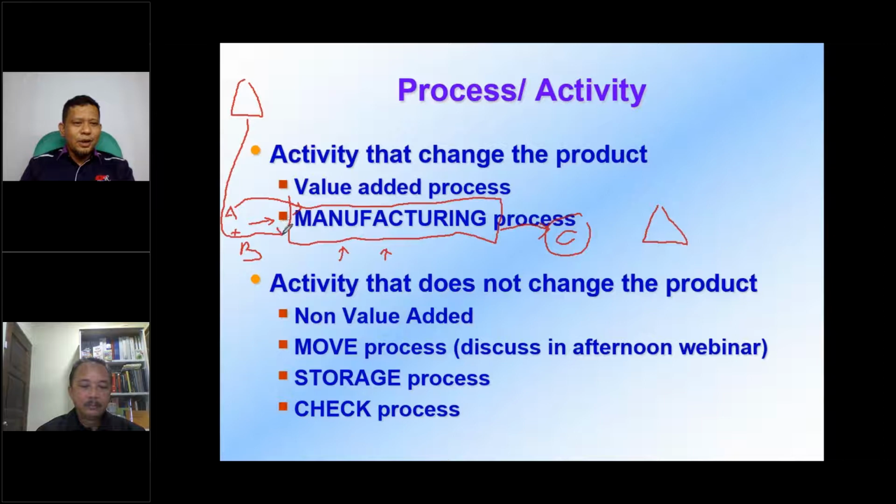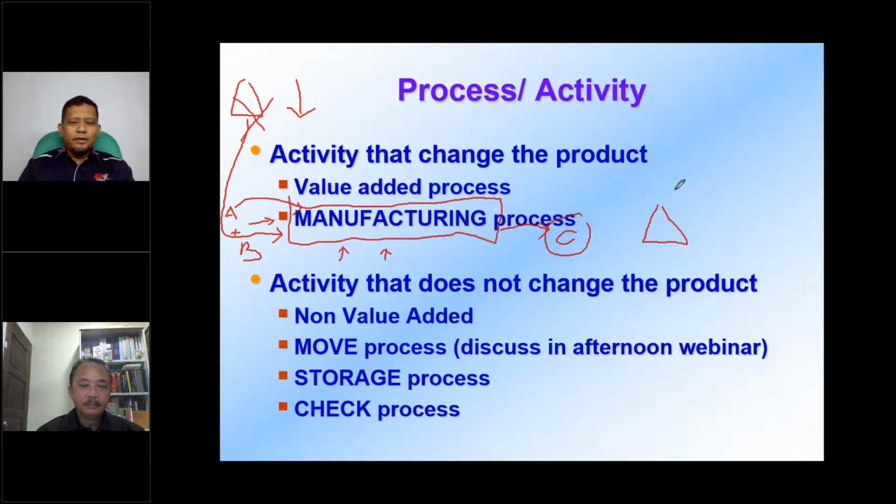This is all considered non-value added activity. If we want to become more efficient, what we need to do is eliminate this, or if we cannot eliminate it, reduce it. That will make your organization and your chemical plant more efficient.